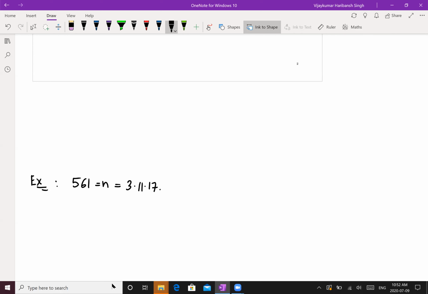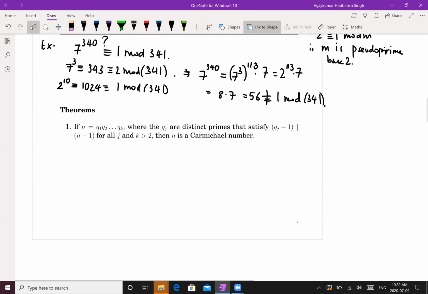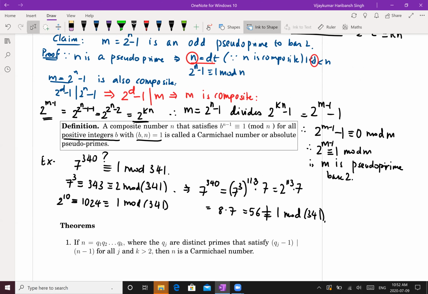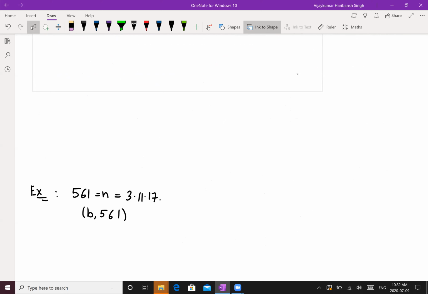Now let's take any b which is coprime with 561. We want to show that 561 passes the test, or 561 is a pseudo-prime to this base b, where b is any base which is coprime to 561.